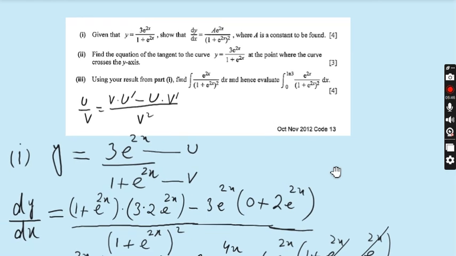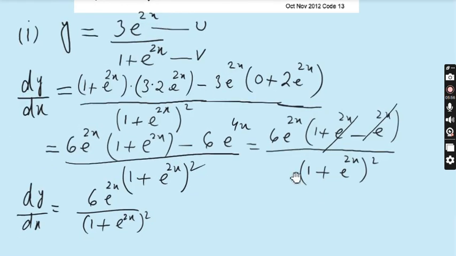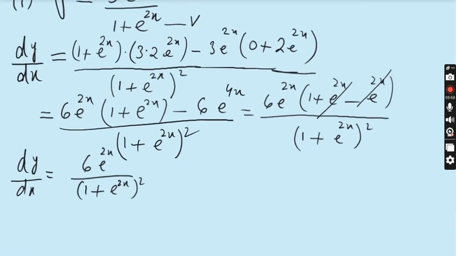Show that dy by dx is equals to a e^2x upon (1 plus e^2x) square, where a is a constant to be found. So we have achieved our target. Here 6e^2x, so a is 6. This is our final answer.